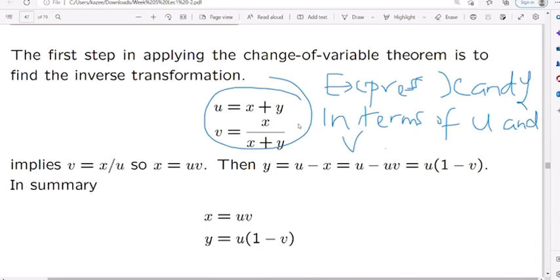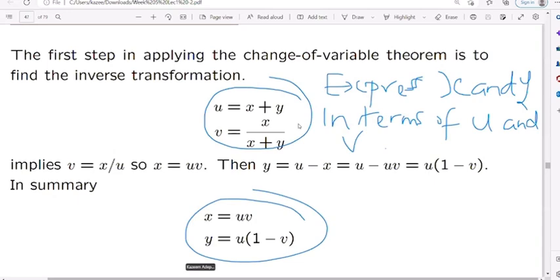You are moving to a new set of variables called U and V, though the expression you were given initially expresses the new variables U and V in terms of X and Y. To start, you need to express X and Y in terms of U and V.